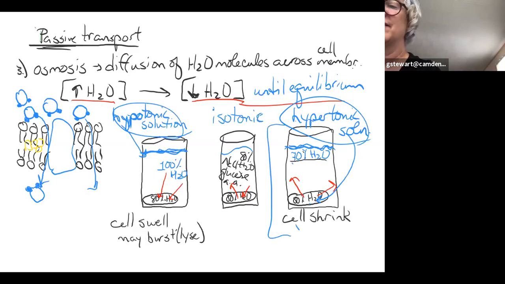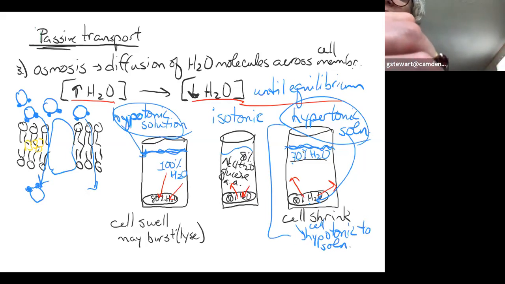The cell would be hypotonic relative to the solution. So always the solution that has more water, right? So it's a relative term, more water on one side of the membrane compared to the other side. Whichever side has more water, that's the hypotonic side of the membrane, and the other side of that membrane is the hypertonic. And that is going to cause water to move in and out of cells.